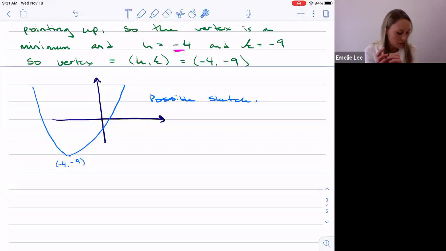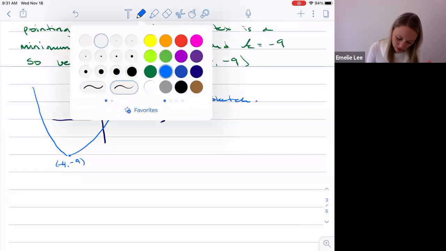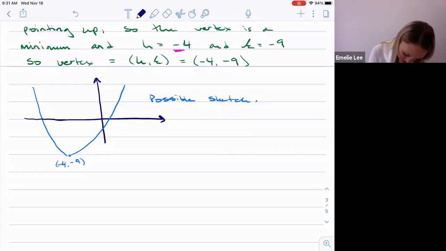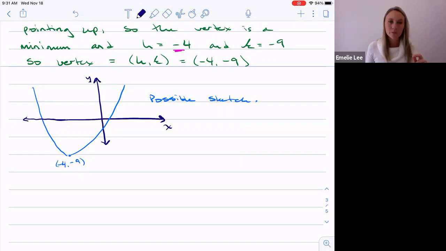Notice that just from the sketch, and I'll extend these axes so it's a little bit cleaner, x and y. I'll definitely have a y-intercept, I'm crossing the y-axis at some point. I will also have two x-intercepts. We've already talked about the roots of quadratics.